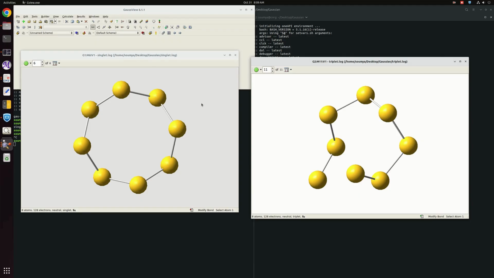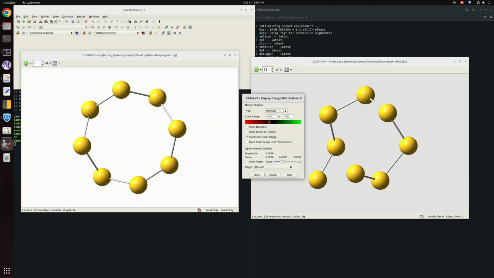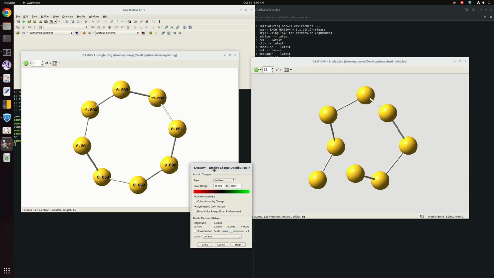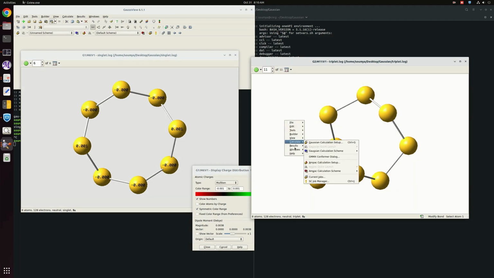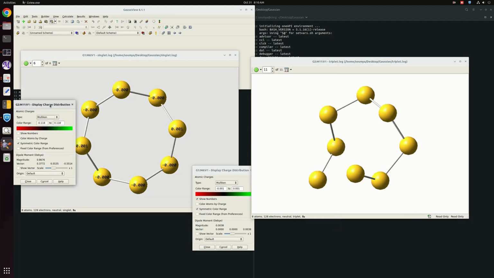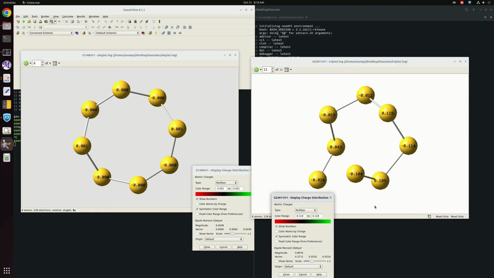Another thing I would like to show is the charge distribution. I am showing the numbers. You see that the overall charge is 0 here, and here also the overall charge is 0. But during the process, some of these atoms have gained fractional charges.